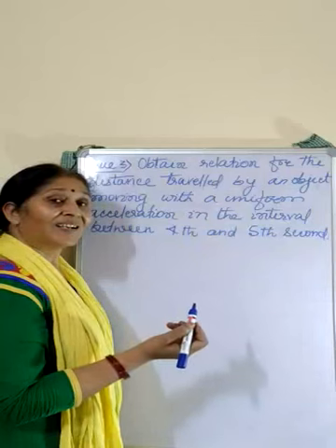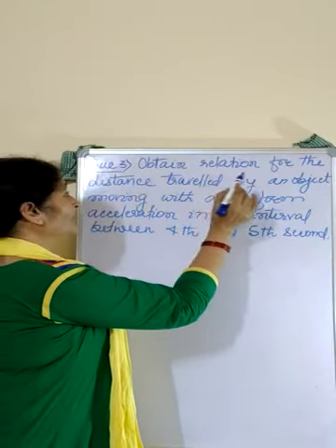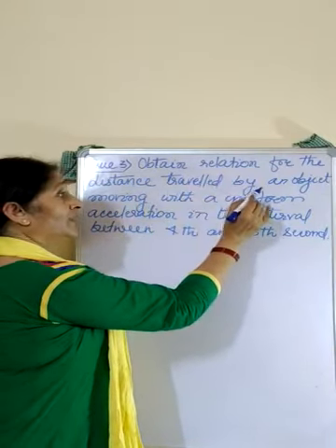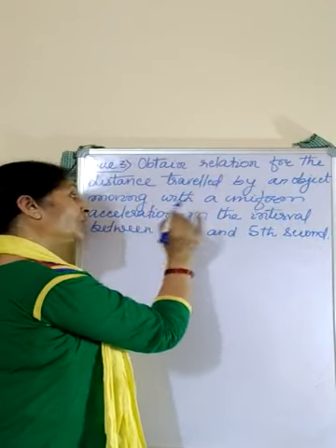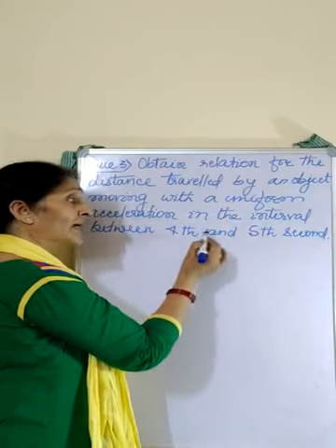Let us come to this question. Obtain a relation for the distance travelled by an object moving with uniform acceleration in the interval between the 4th and 5th second.